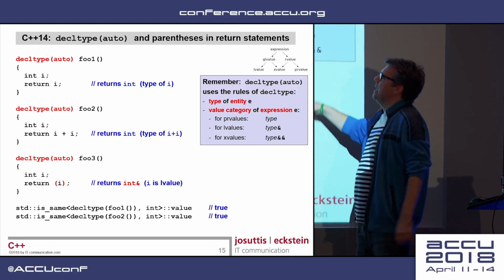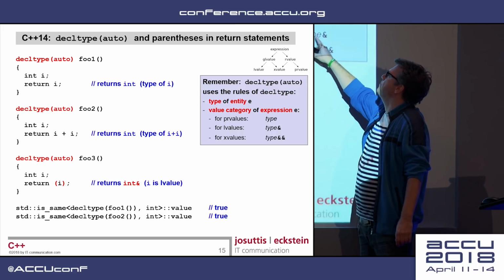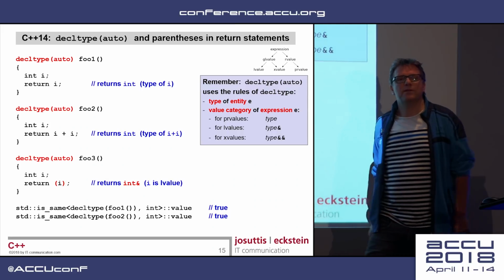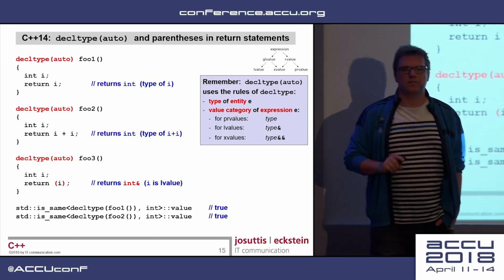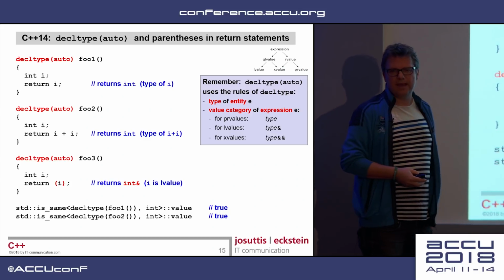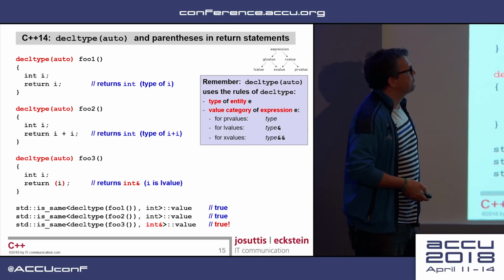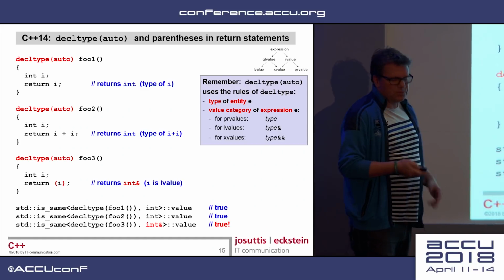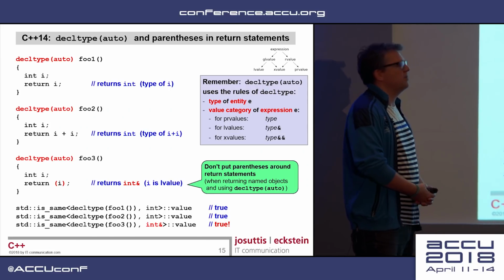And that means that the deduced type here is a type of i plus one reference, so as an lvalue reference. So the return type of this is int reference, which obviously is not okay here. Again, returning a reference to a local object. So, okay, the only thing we learned from that is don't put parentheses around return statements.